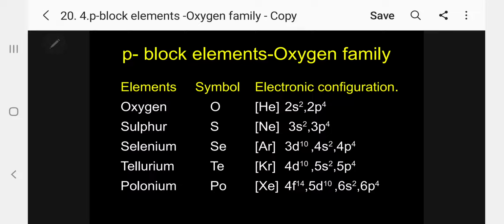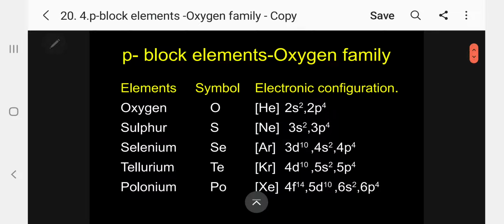As you know already, the members of the P block elements under the oxygen family are oxygen, sulfur, selenium, tellurium and polonium. The outermost electronic configuration is the most important, you must memorize.